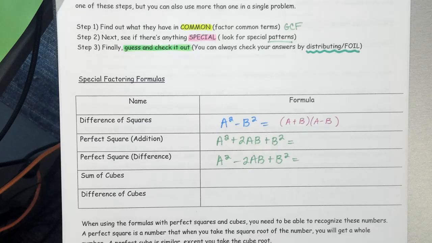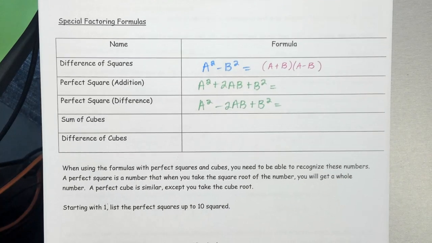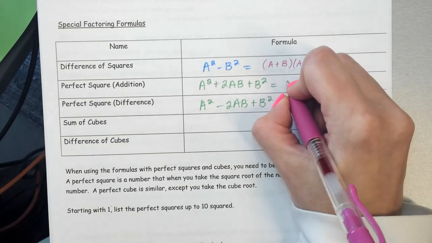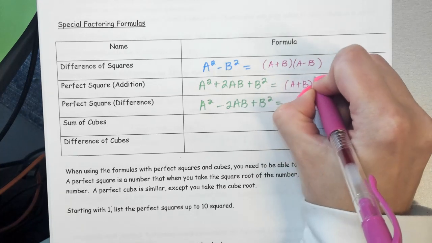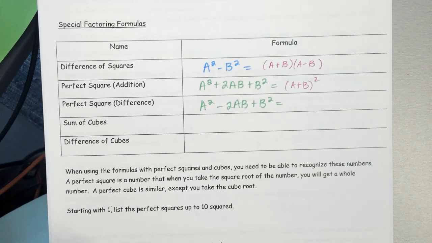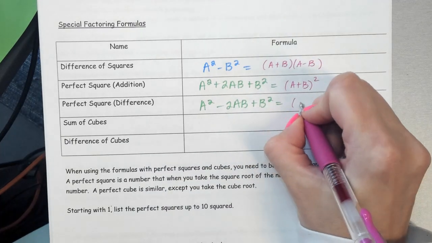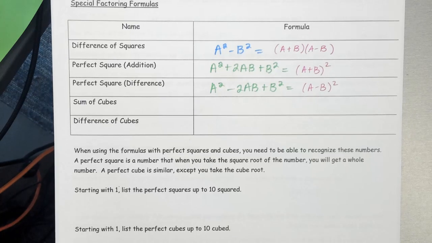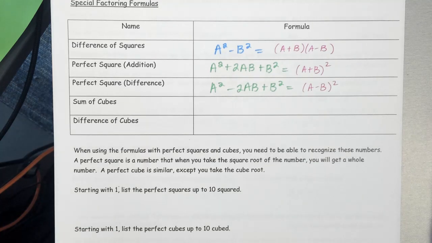Okay, but the perfect square trinomials you don't have to know by heart. You'll end up factoring them into a plus b and a plus b. If you have the same factor twice, you can just call it a plus b squared, the whole quantity squared. Okay, and a minus b squared. Okay, and again, you can just factor those by guessing and checking. When you notice they're the same, you can write them as one term.